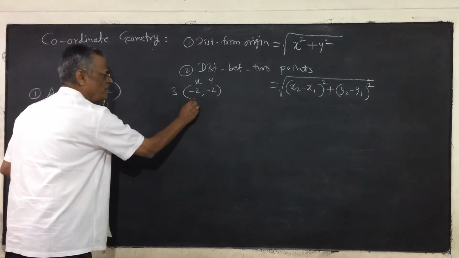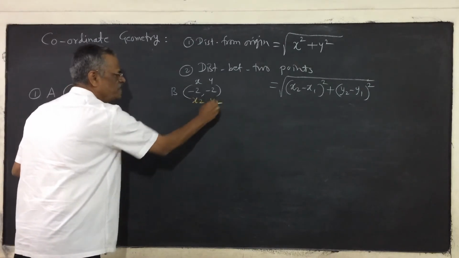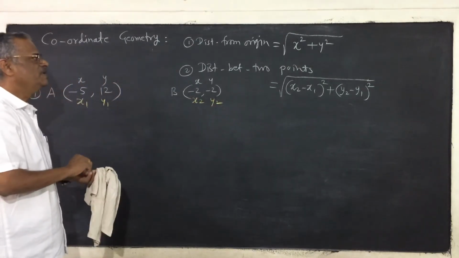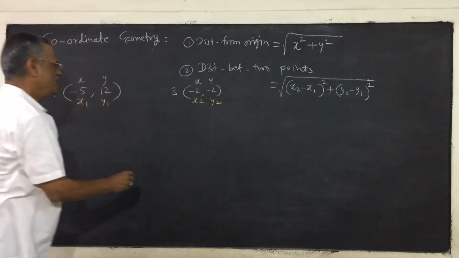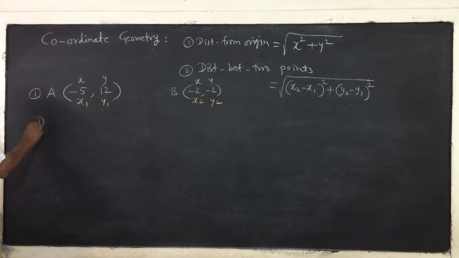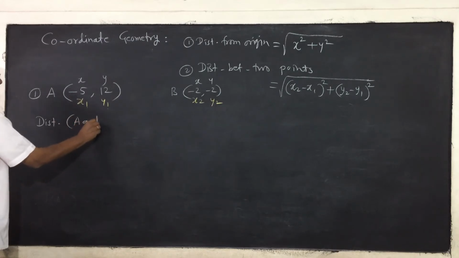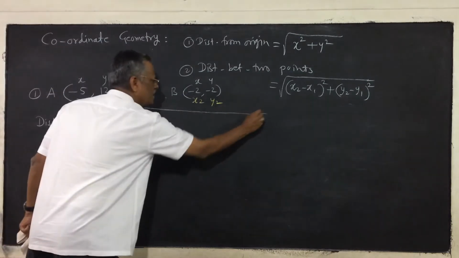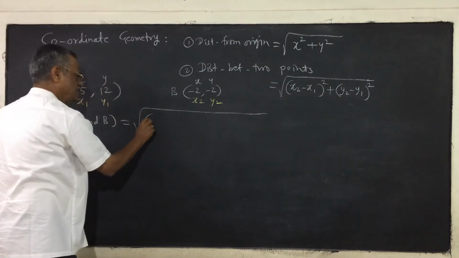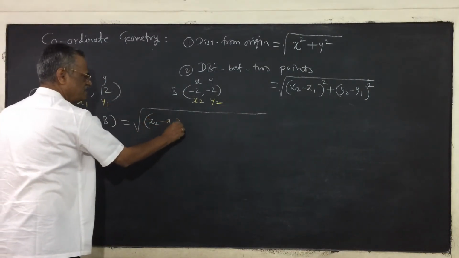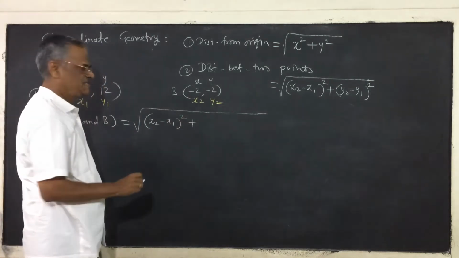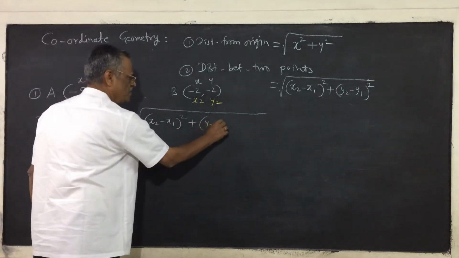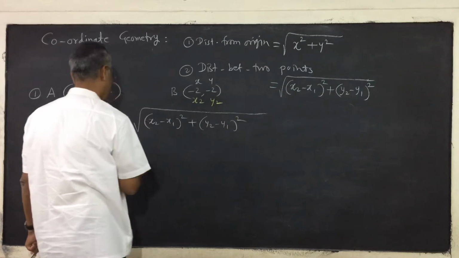This is your second point, consider x2, y2. Use distance formula, by using distance formula. Distance between A and B. What is the formula there?